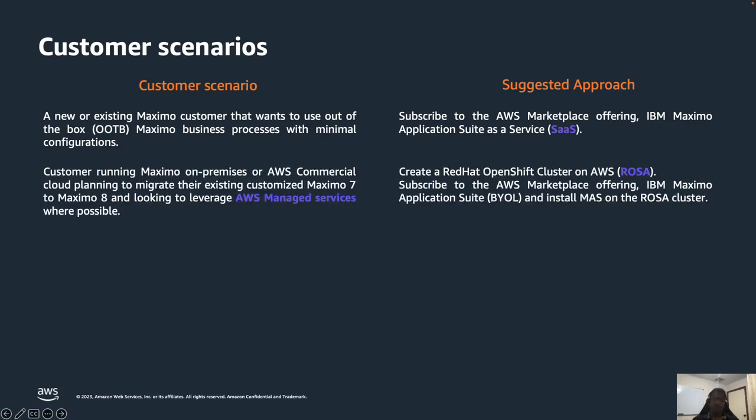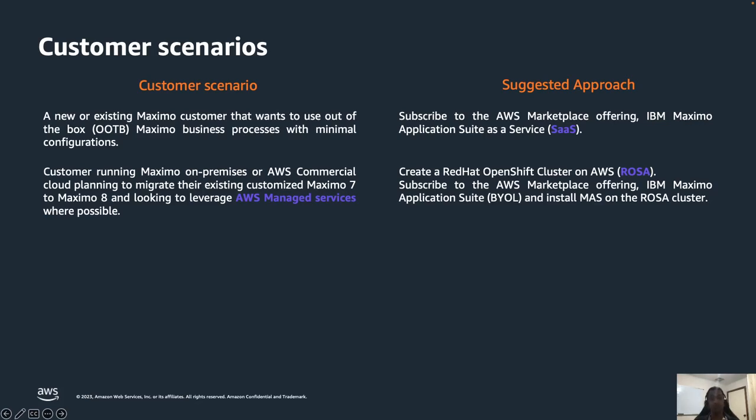Now, if you're a customer that is running Maximo on premises, or already running on AWS commercial cloud, and you're looking to migrate from Maximo 7 to Maximo 8, but because you're new to OpenShift clusters, you're looking to leverage the AWS managed services, then the most suggested option would be to create a Red Hat OpenShift cluster on AWS, which is a managed offering, meaning it's managed by both IBM and AWS site reliability engineers.